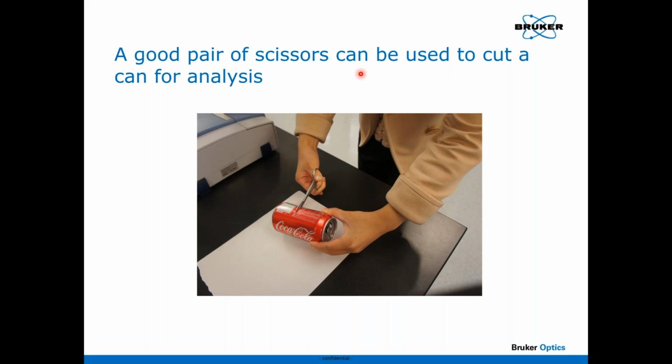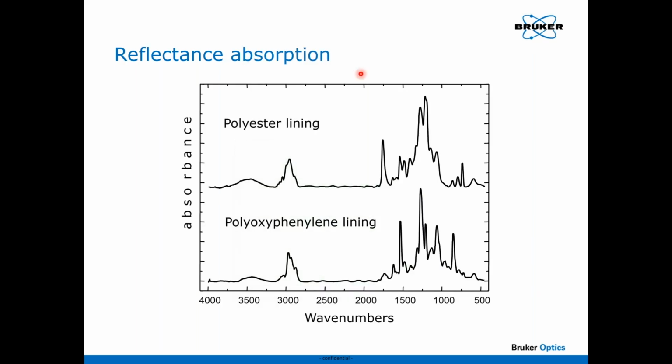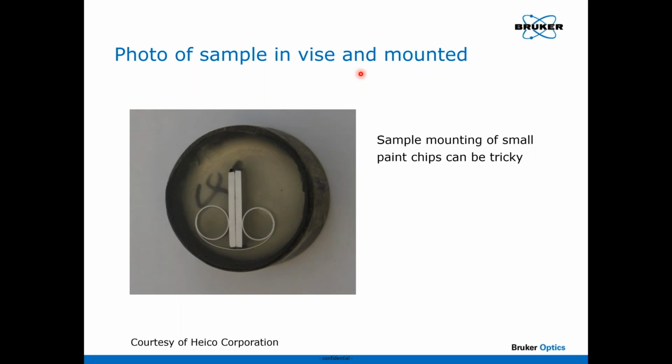No, I don't get a commission from 2spi.com. So you just cut this can and then place it onto the stage, and there's an image of a beer can. And there's the liner. We can see the polyester liner or the polyphenylene oxide lining that would correspond to doing that type of very simple reflection absorption experiment.